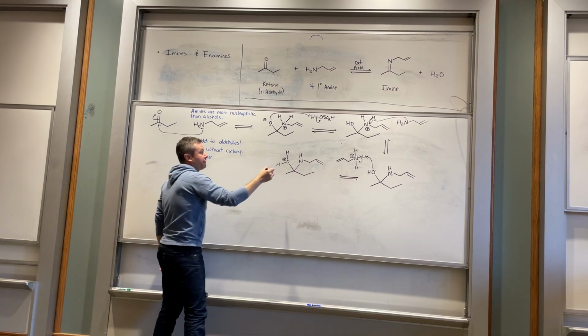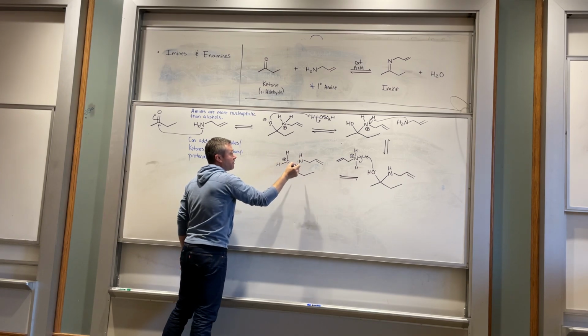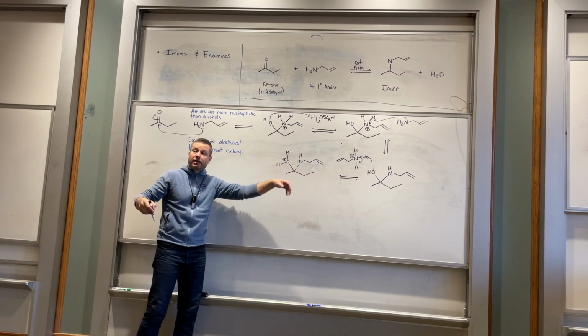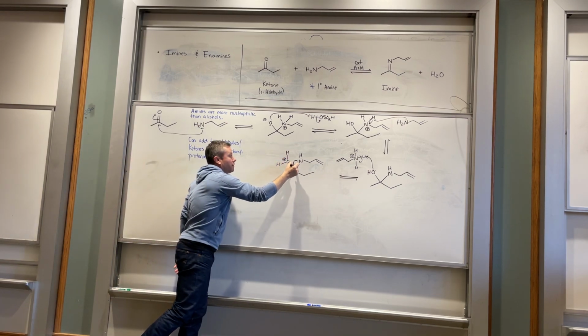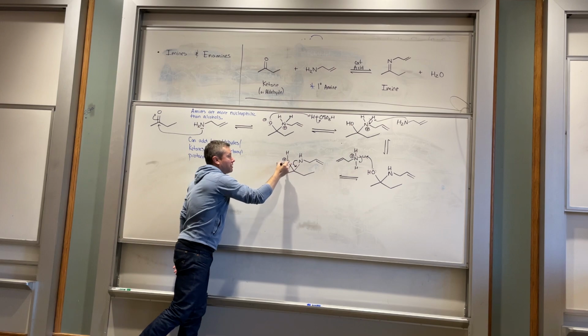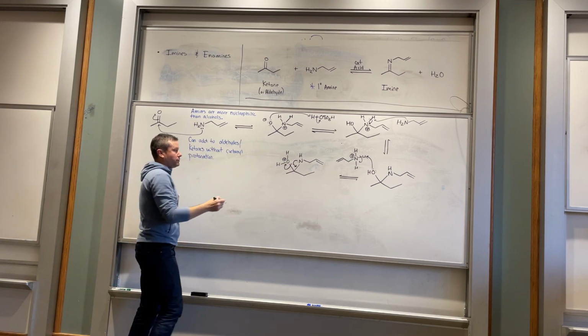Okay, to get that water leaving group to leave, it doesn't just take off by itself, but just like in the acetal ketal reaction, we're going to use the next door heteroatom, form a pi bond, and push that water out.